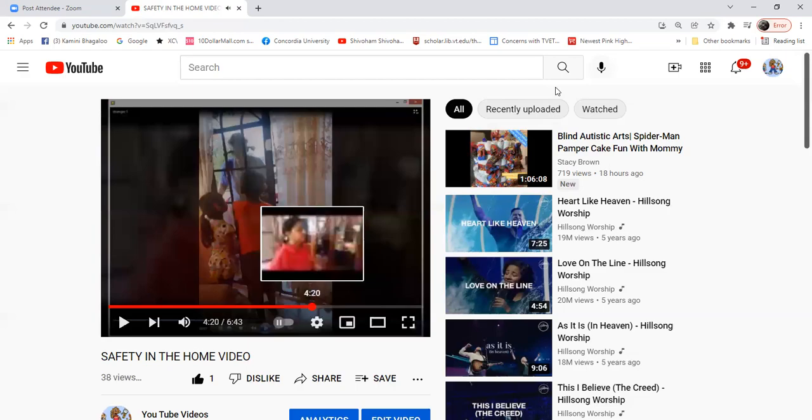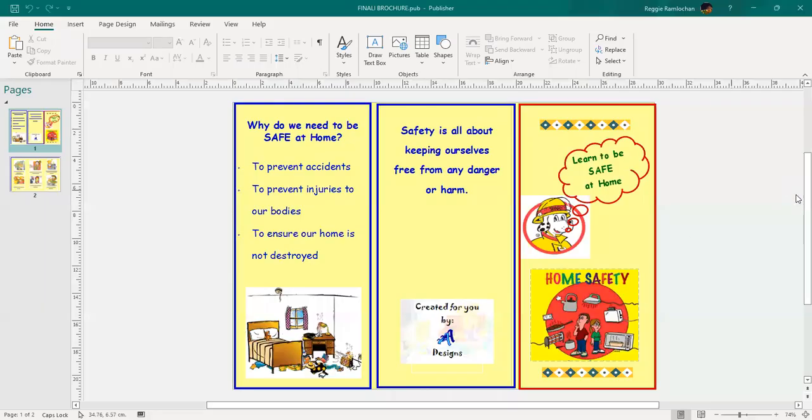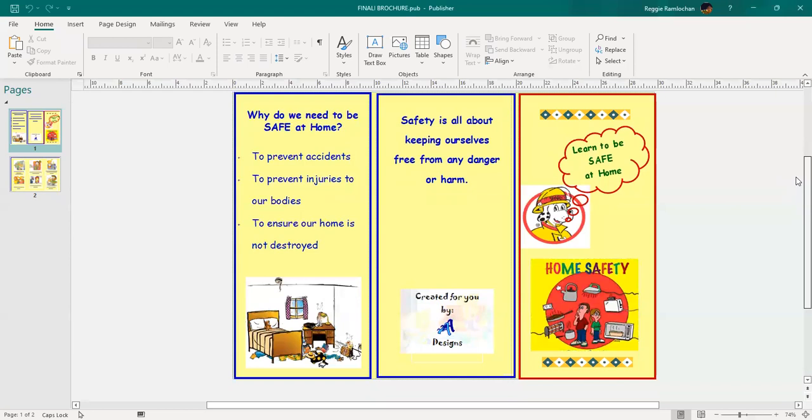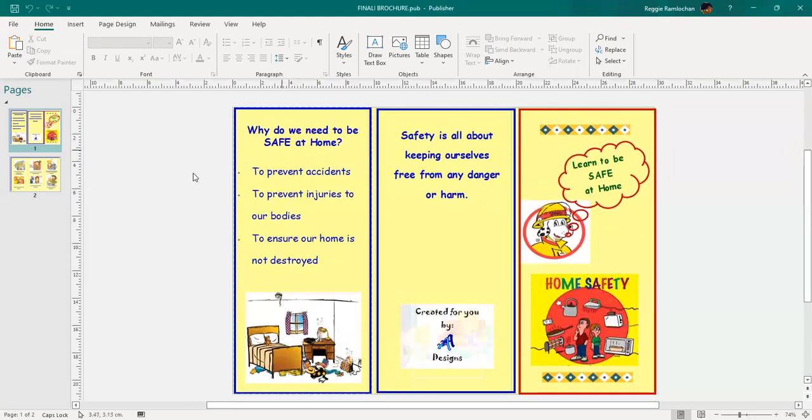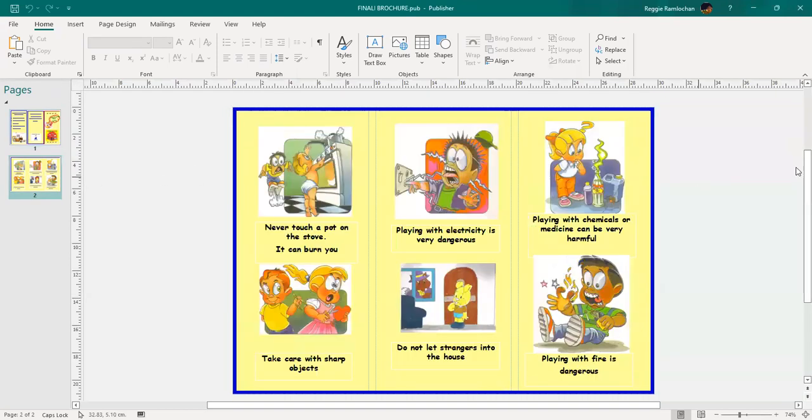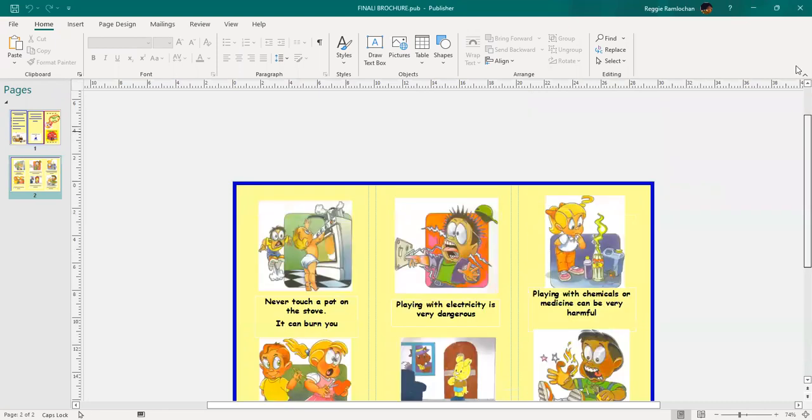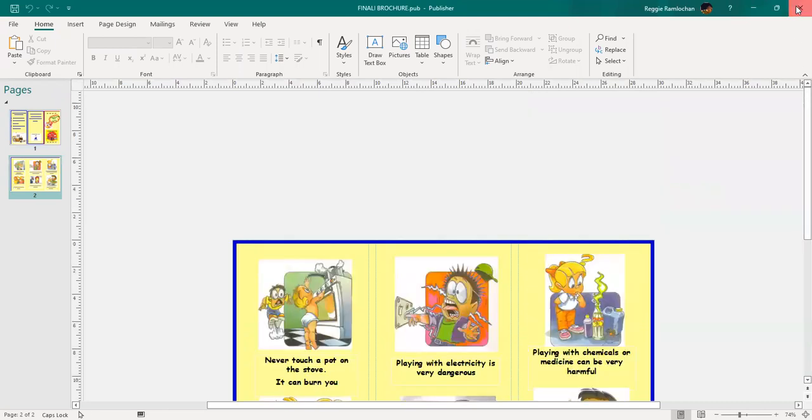I would like to share another one of your resources with the class, so we'll be able to see how well you were able to do this specific resource. So your brochure as well was very colorful. The fonts were also readable, and it was usable because I'm able to scroll through. So let's look at your flip chart now.